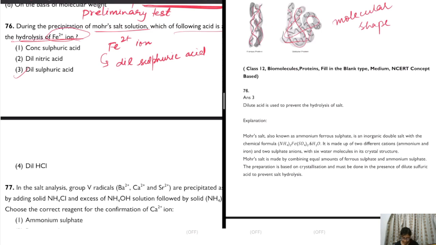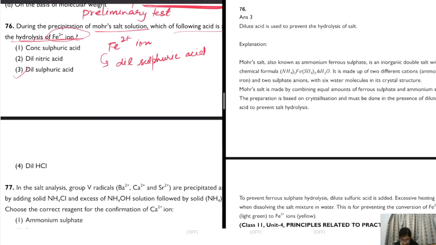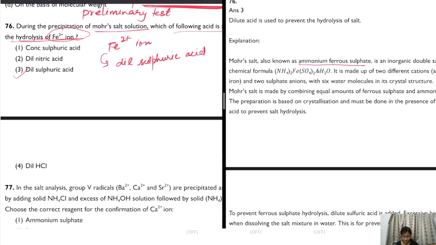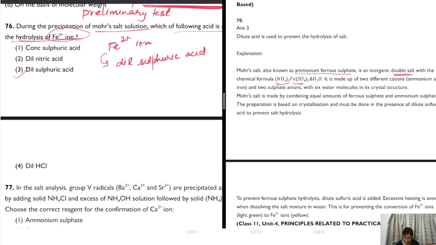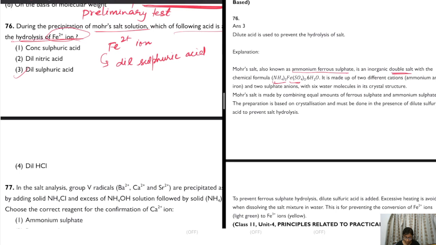About Mohr's salt, it is also called ammonium ferrous sulfate and it is a double salt. So what is a double salt? It can break into its constituent salts. It is made of two salts, that is (NH4)2SO4 and FeSO4. So it is made up of two different ions, ammonium and iron, and two sulfate ions.